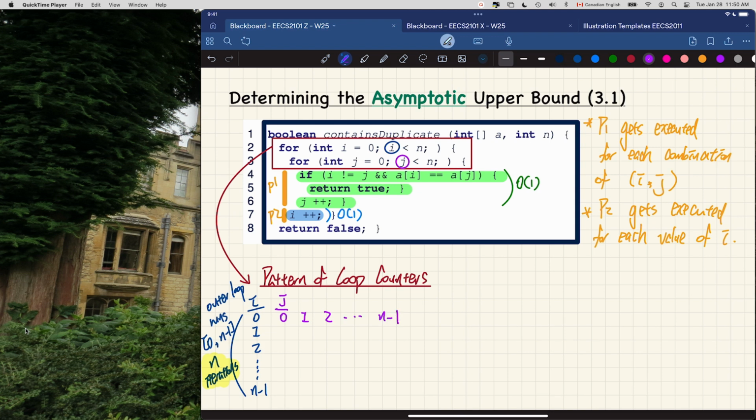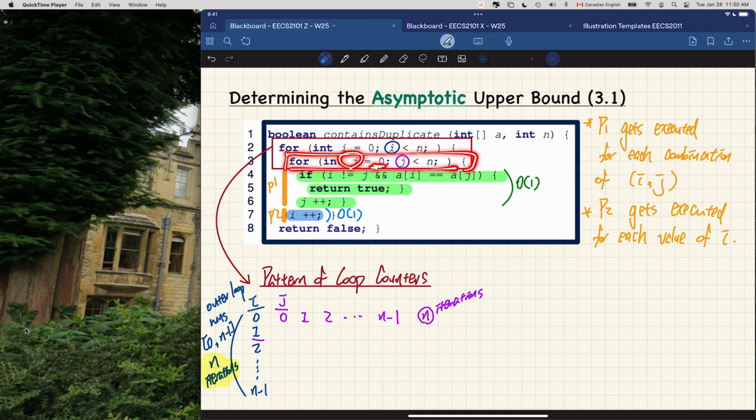And here we also know that in the loop, we got n iterations. You can see we go from 0 to n minus 1, just the same interval. And then what about when i is equal to 1? Would it be the same? Yeah, the same. Because every time we want to run the inner loop, we always start j with 0. We don't start with, for example, i.